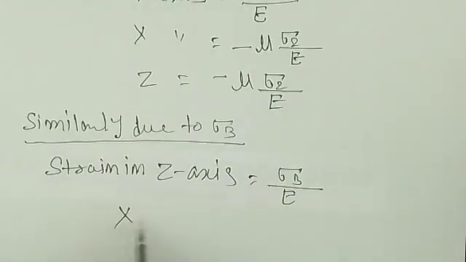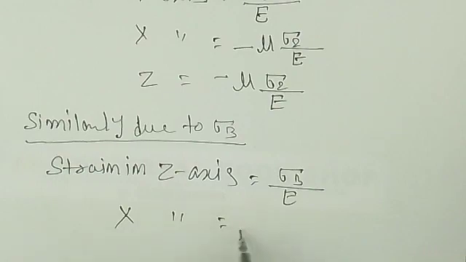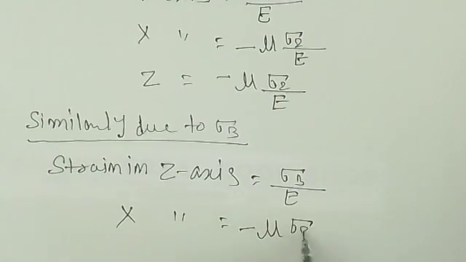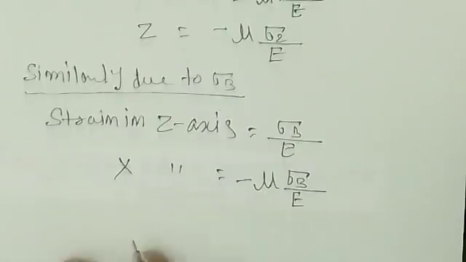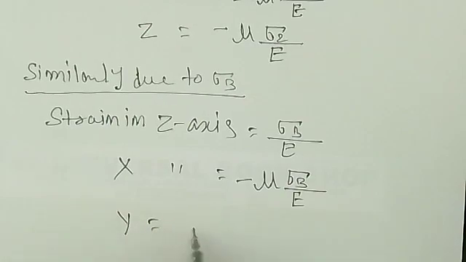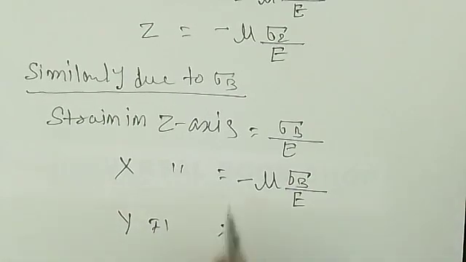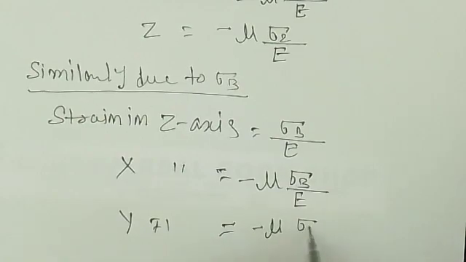And in x axis it is minus mu times of sigma 3 by E, and in y axis it is also lateral, that is minus mu times of sigma 3 by E. So if I say that E1, E2, E3 is the strain on x, y and z, right? So the total strain in x, total strain in y and total strain in z we can find, right?